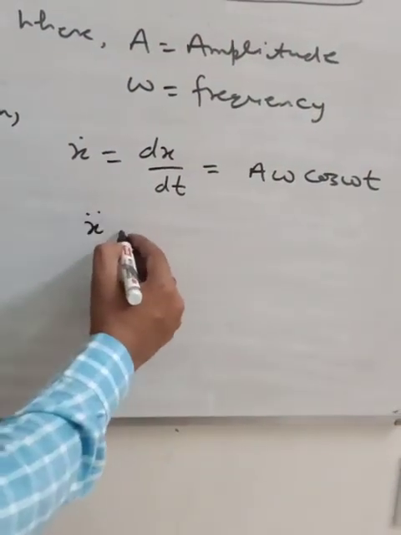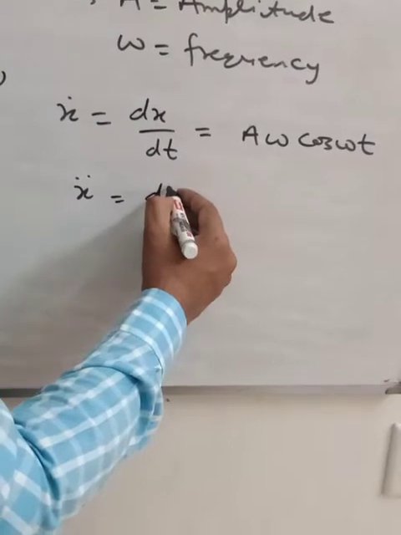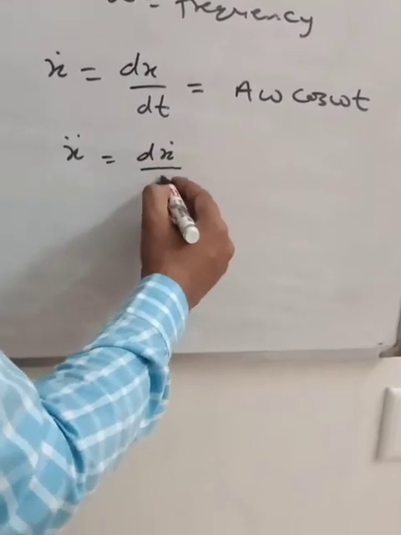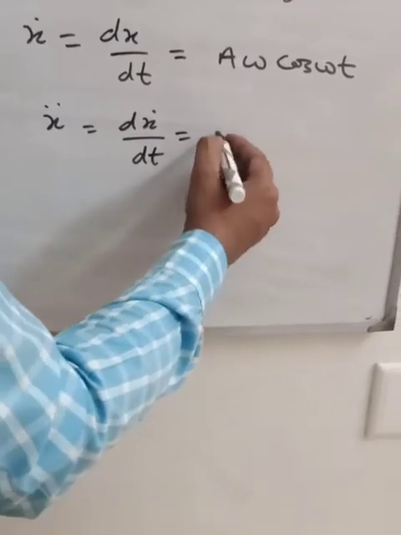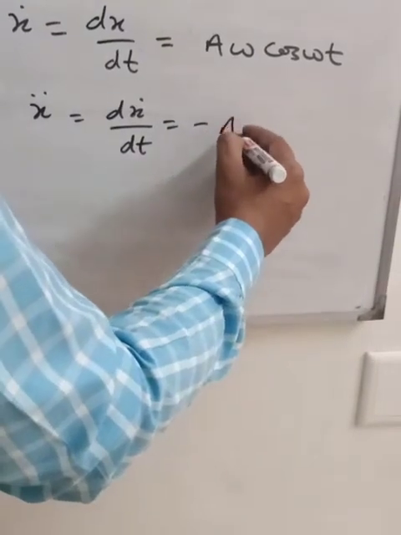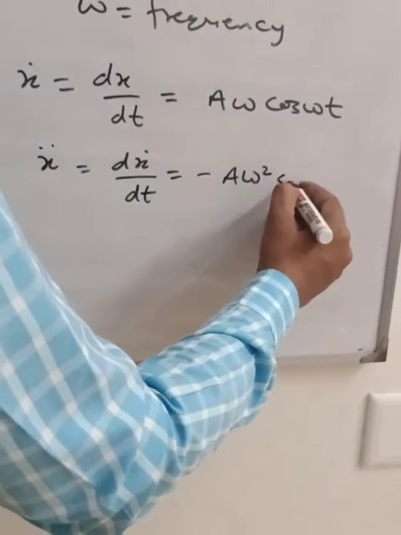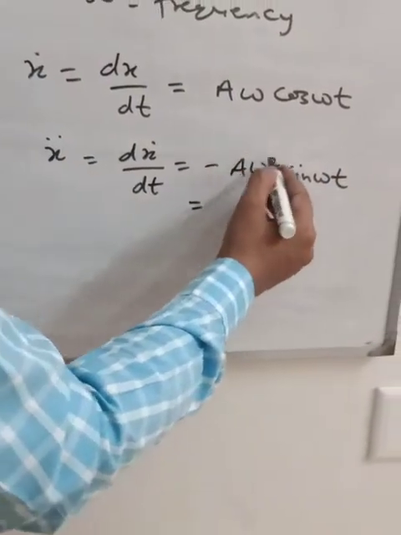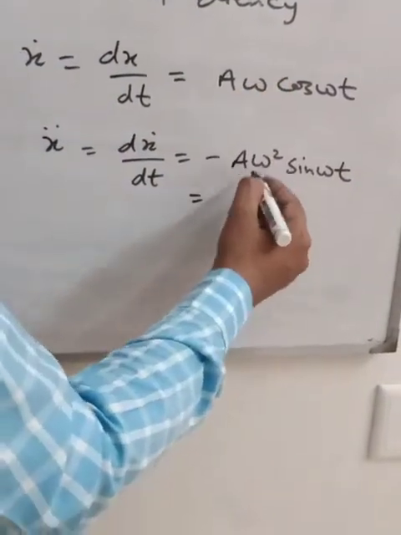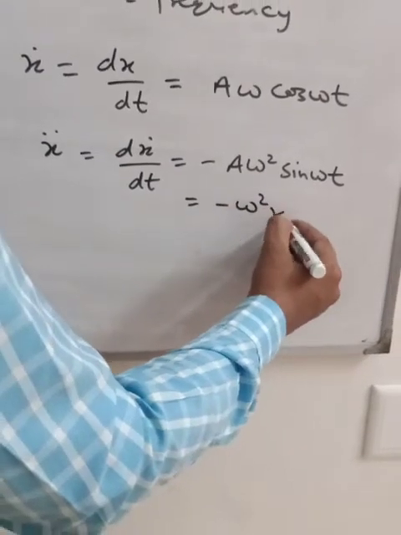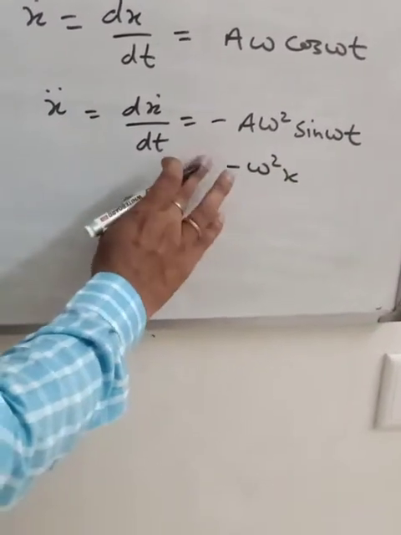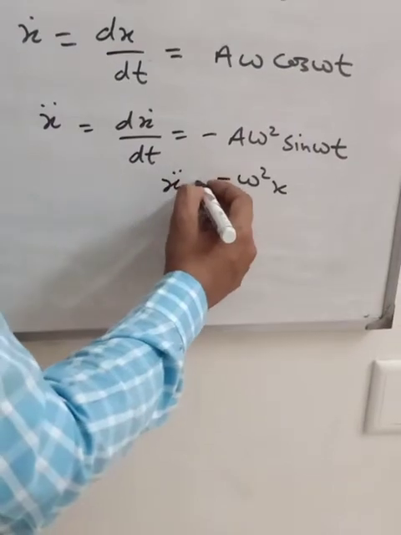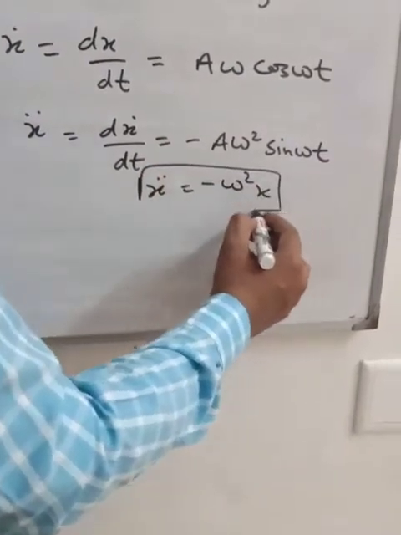For acceleration, dx dot by dt is minus A omega square sin omega t, and since A sin omega t is x, x double dot is equal to minus omega square x.